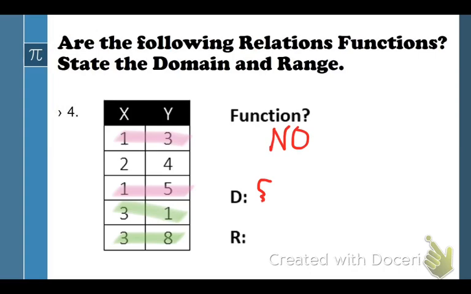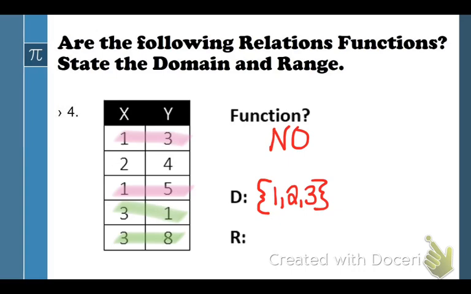Domain. When we write the domain, we have to use funky braces, and they're very, very fun to draw, but you have to draw them. So we have a brace, and then the domain is right here. You do not have to write the repeated numbers, but we do want to write them in numerical order. So 1, 2, 3 is the domain, just separated by commas. There's no indication that these are connected in any way.